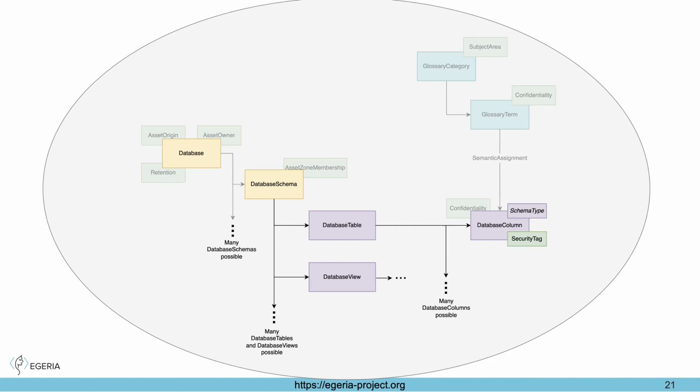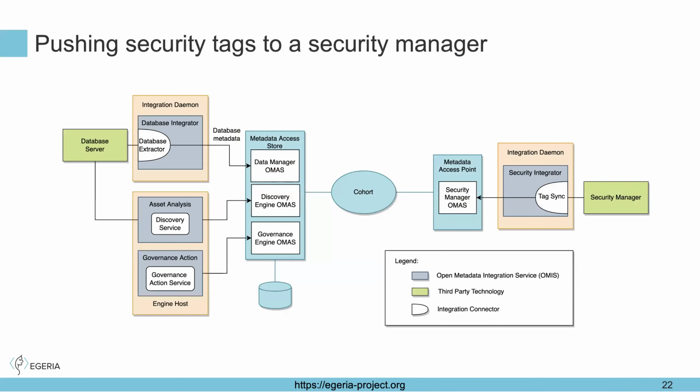And so this picture here shows our traditional gathering of information through the integration daemon. Then you see the engine host on the left-hand side that's pulling extra metadata from the discovery service. So it might be looking for credit card numbers and other things that might suggest personally identifiable information. And that's being catalogued along with the original technical metadata.